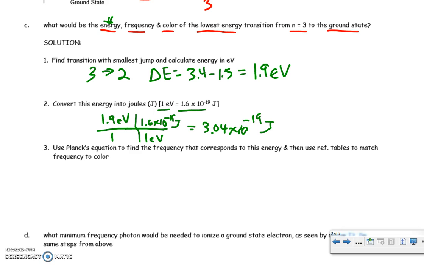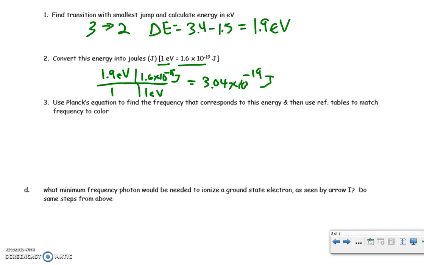Now we want to translate that to a frequency. How do we relate the energy of a photon? This is the energy not only of the transition, but also the energy of the photon released. That's the key understanding that you want to make: when the electron jumps back down, it gives off energy in the form of a photon. So we can use Planck's equation: energy of a photon equals hf.